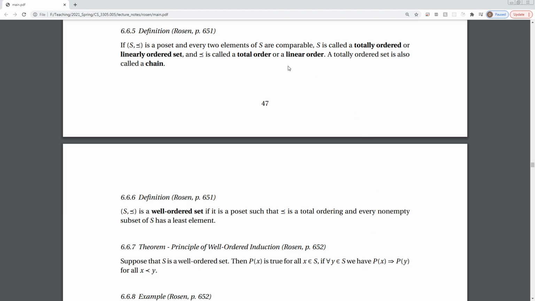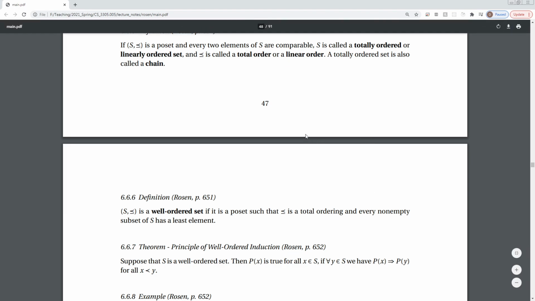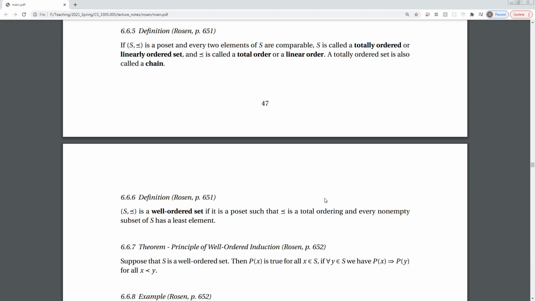You can compare every pair of elements in there, and you'll get a clearly structured ordering. But only the natural numbers are well ordered, because of this requirement, and this is by definition. They're both totally ordered, because the natural numbers are just a smaller subset of a totally ordered set.